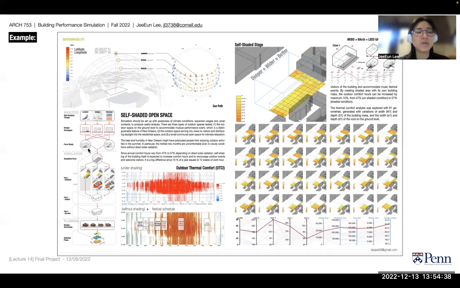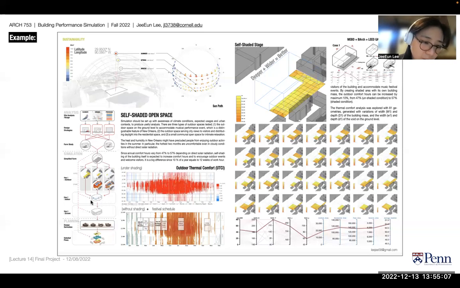So first we wanted to do some exploration, some fun things first, and then come up with better or more interesting design strategies. Here is the simplified form. We did outdoor comfort with UTCI, and also daylight analysis.